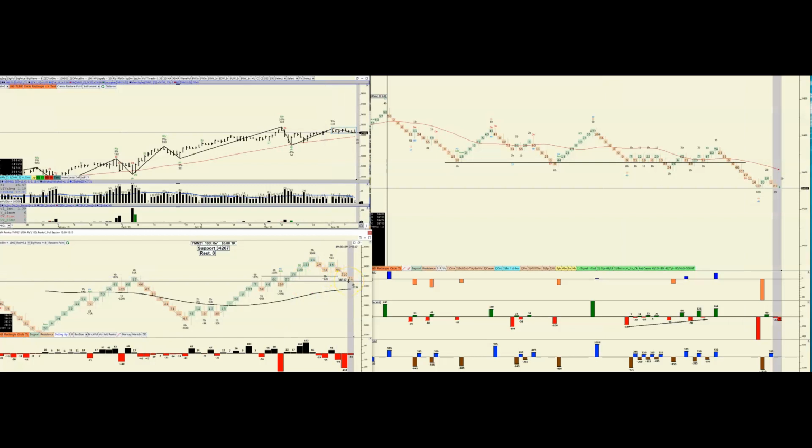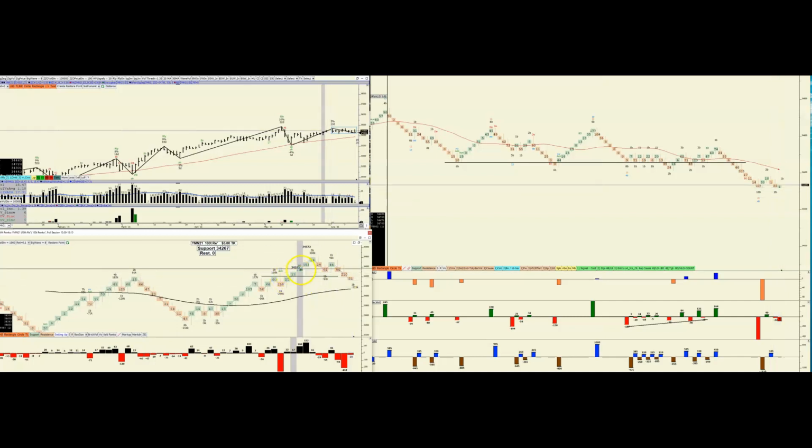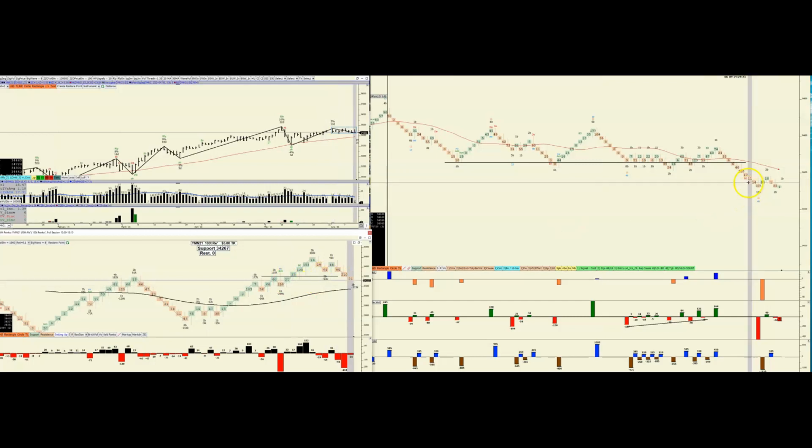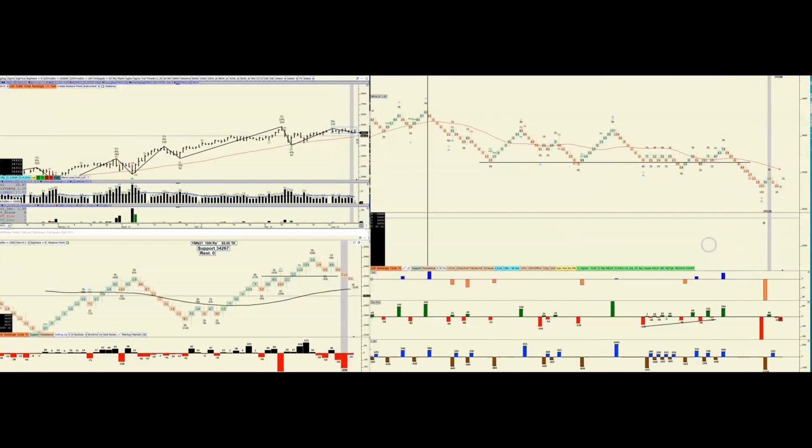So it looks like a nice area to bounce. There's the breakout there. They tested the breakout, couldn't rally, so went a little bit lower. Now it's testing that low. And what we want to see is whether it's going to reverse here or not.